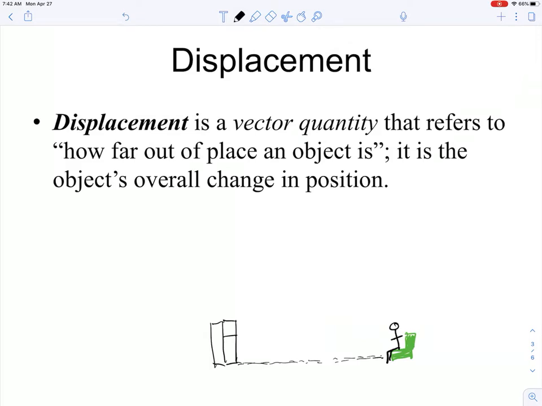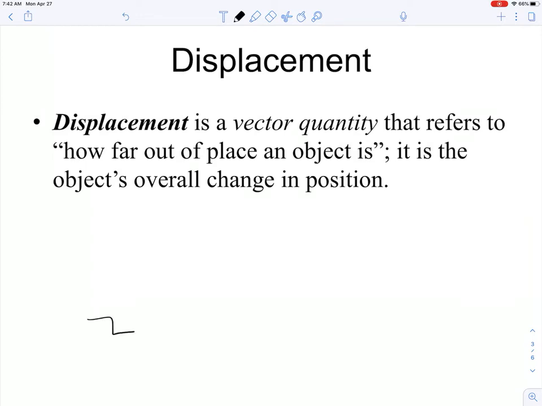And then I go back and I sit back down. Now I walked 20 feet to the refrigerator and 20 feet back. So my distance traveled would be 20 feet plus 20 feet, which is 40 feet. However, my displacement would actually be 0 because I ended up in the same place that I started.